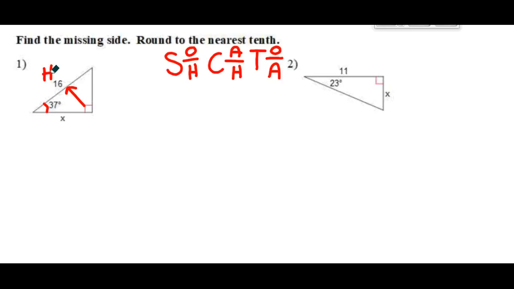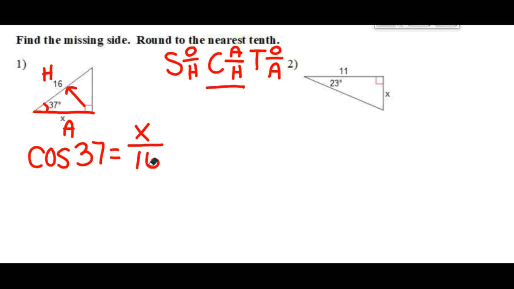And finally, the side that measures x is adjacent to my reference angle. So looking at this, I'm noticing that I'm going to use the cosine function because I have my adjacent side and my hypotenuse side. So to begin this, I will write cosine of 37 is equal to a over h, or x over 16.